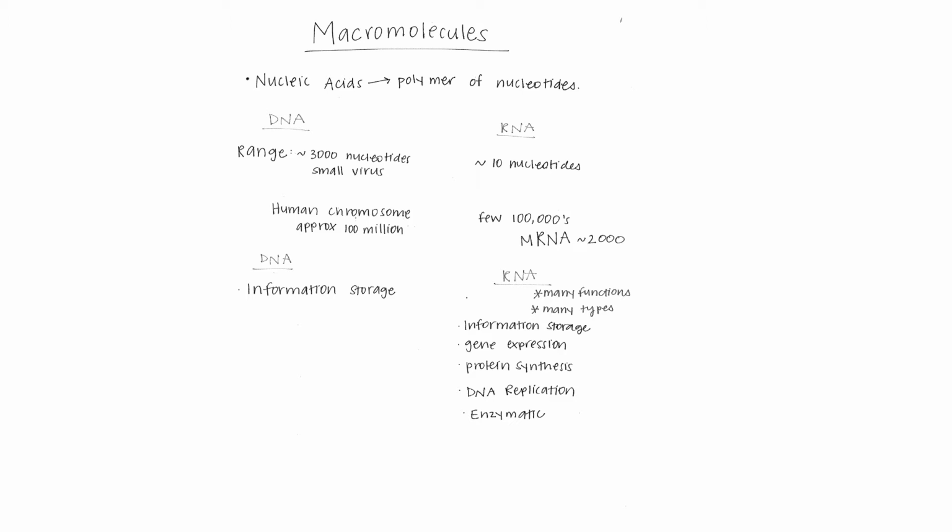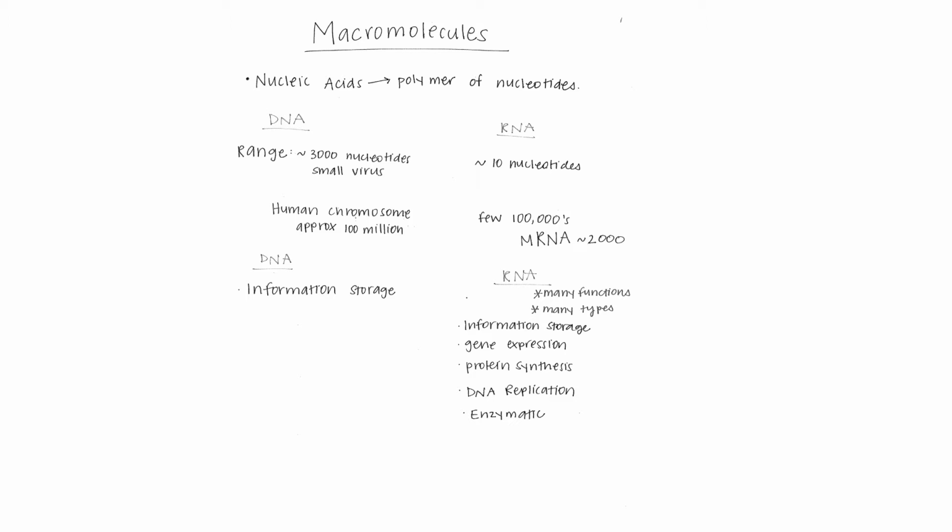Now, we talk about the sizes of nucleic acids. Just like we talk about the size of proteins in terms of the number of amino acids, we talk about the size of DNA in the number of nucleotides. And so the smallest naturally occurring DNA molecule that people have seen is probably around 3,000 nucleotides.